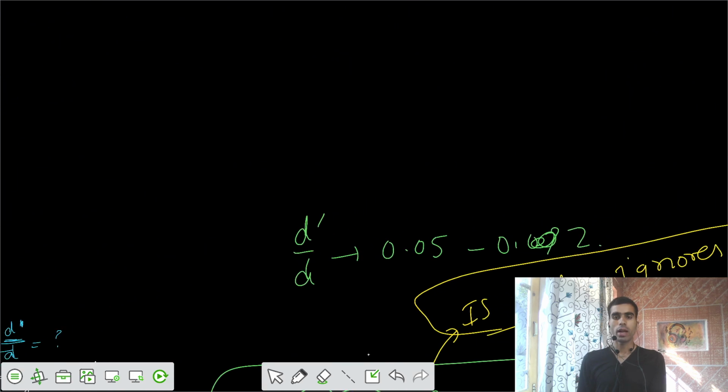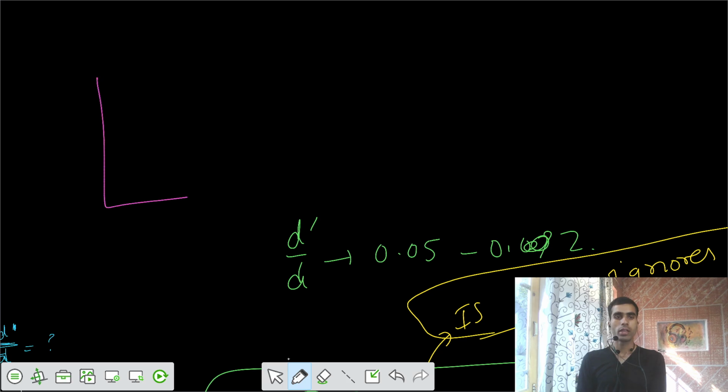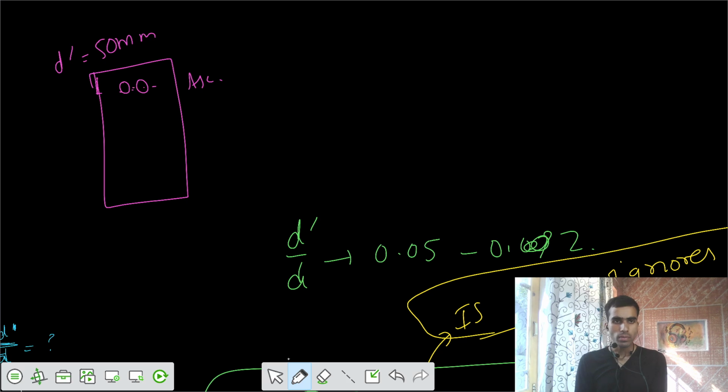Once your ratio is fixed, say the effective cover is 50 mm, your compression steel would be somewhere here, but I don't know the value of ASC. They are located at d dash from the top, and there is some effective depth of d.